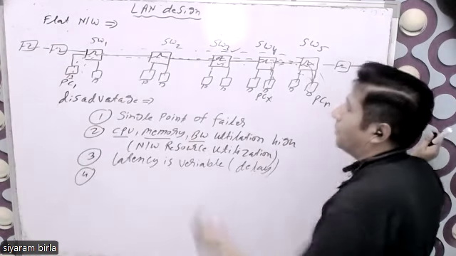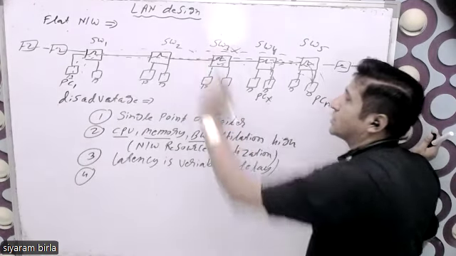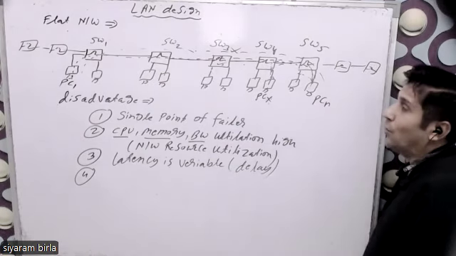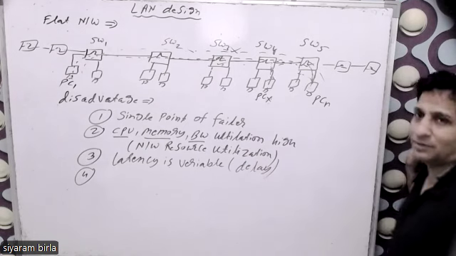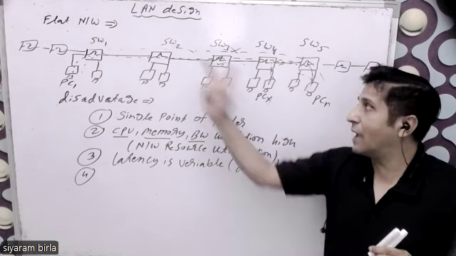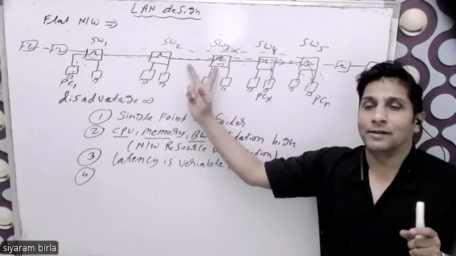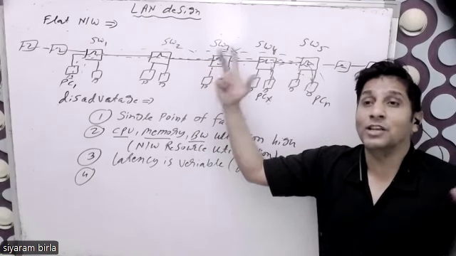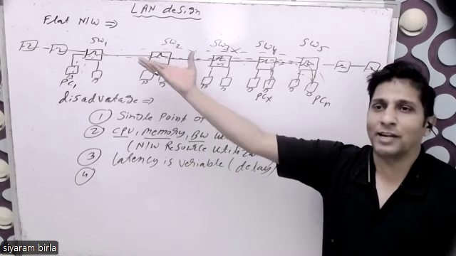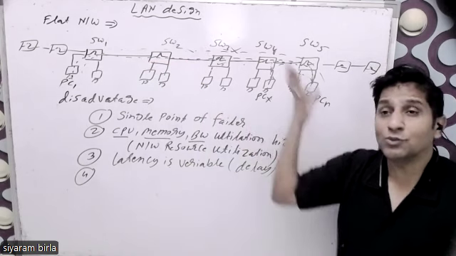So what happens? The middle switches carry a lot of load. A lot of CPU and memory load will be there. So the middle switches will go down because the CPU and memory load will be high. That's why the middle switches will restart. So if I'm extending my network, my design has failed.